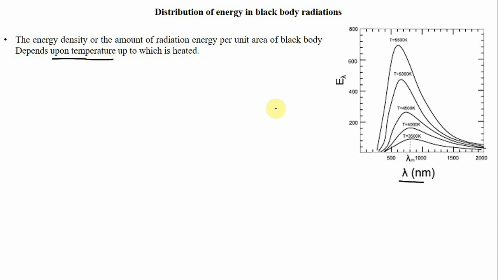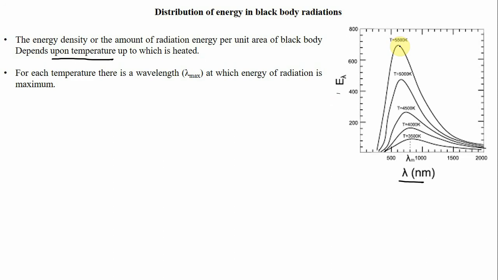Okay, so we have a black body, we heat it to a certain temperature. So here the first temperature it is heated to is 3500 Kelvin, 4000 Kelvin, 4500 Kelvin, 5000 and 5500 Kelvin. So you can see the energy density is changing with change in the temperature. For each temperature you can easily see the energy density is increased.